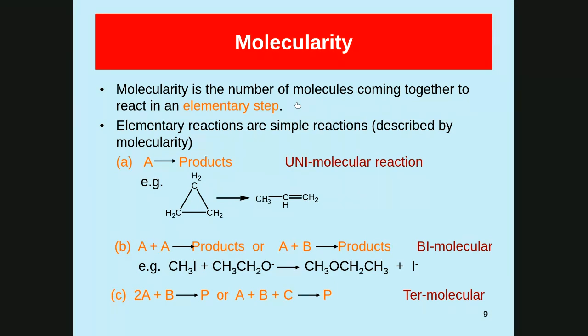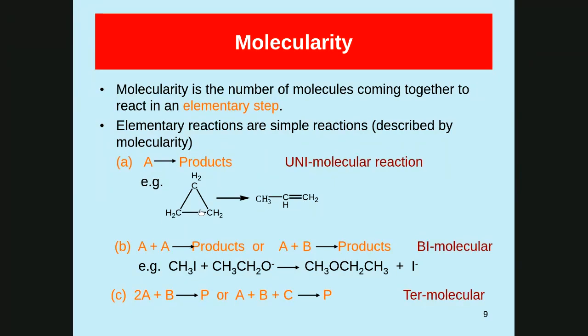There's only a handful of different types that we have to consider and which form the subject of our short module here. The first one is when you have a so-called unimolecular reaction, which only involves a single molecule. That is easy.